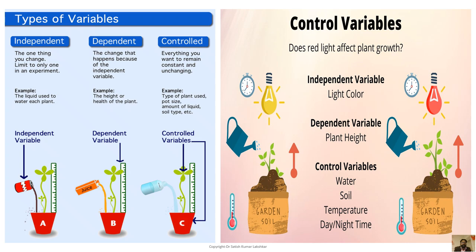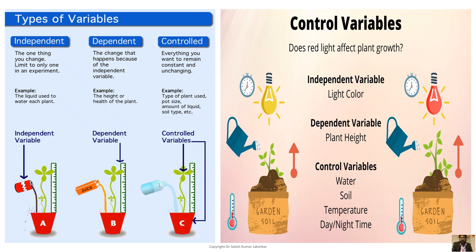Now we'll talk more about the control variable. Let's talk about the case of the growth of the plant. Now if the plant is exposed to some other light. We may be exposing that plant to any type of light. Let us say the light color is different.